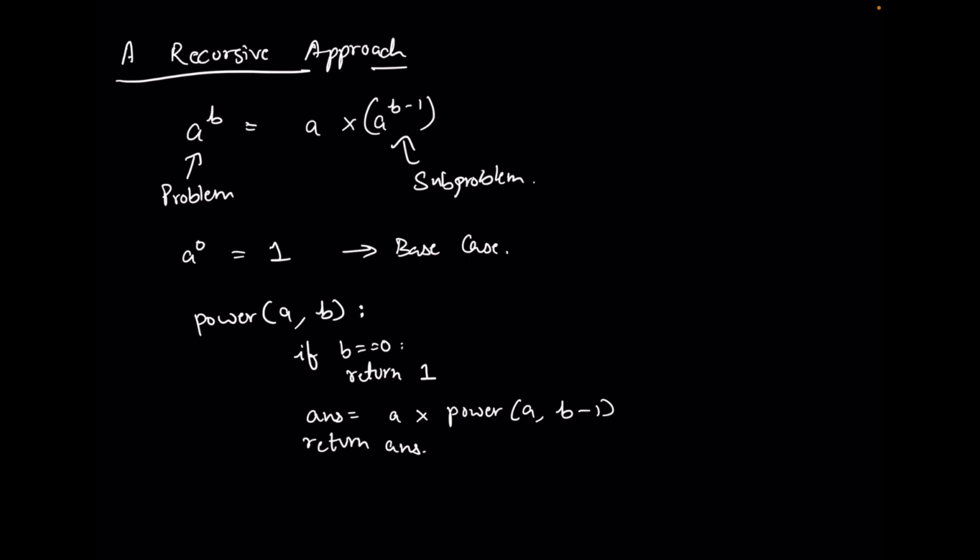What's the time complexity of this? So the time complexity for this recursive function is going to be the number of times this recursive function is called into the time taken to execute each recursive call, right? The number of times this recursive function is called is going to be b, right?